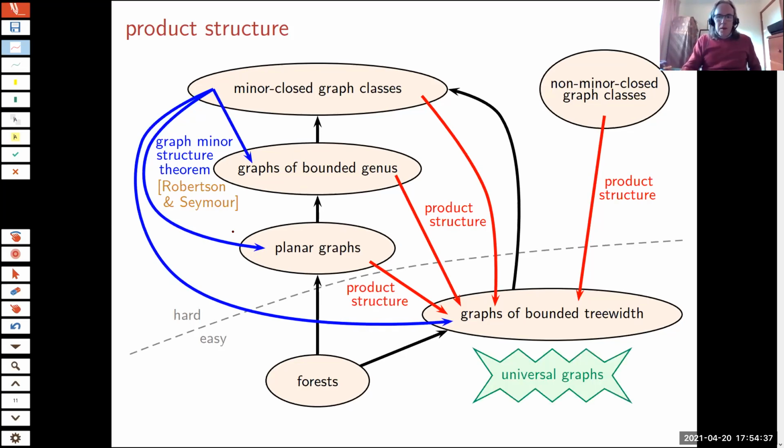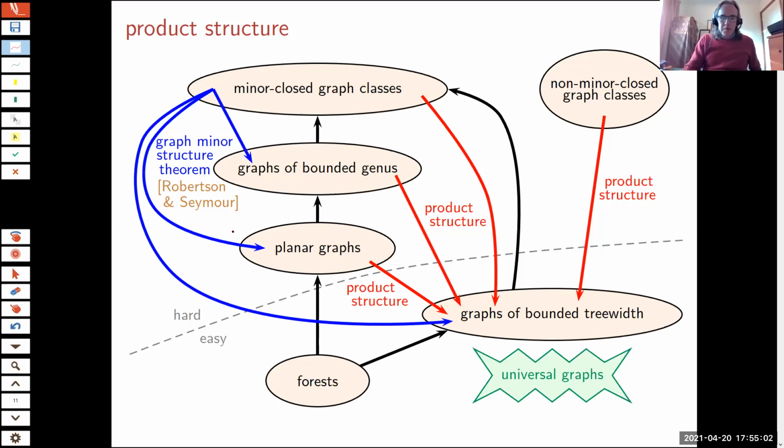Finally, we get what I call universal graphs for these classes. So that's the other thing that I'll be talking about in today's talk. So try and remember this picture for the remainder of the seminar, and this is basically a table of contents for what I'm going to be talking about. I'm going to be talking about the red lines and the green blob.